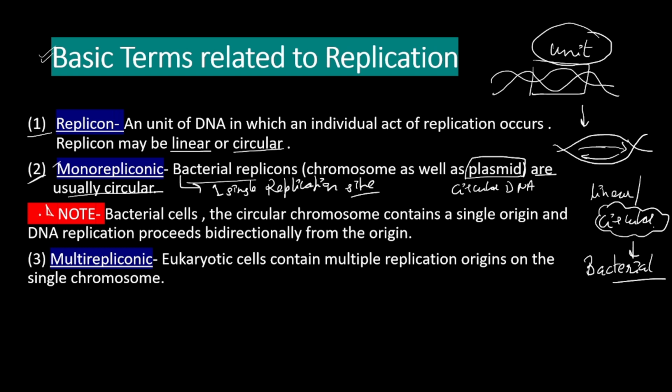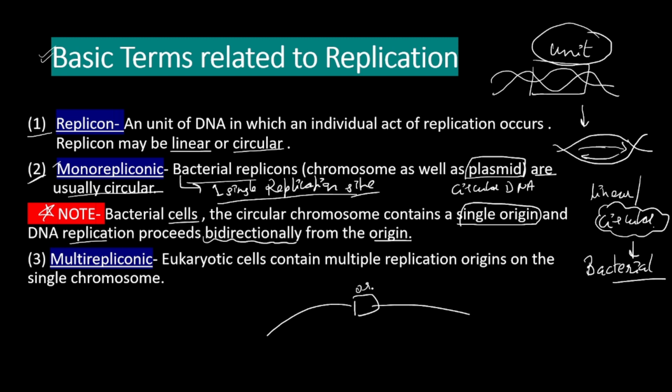Now the thing to note is that in bacterial cells, the circular chromosome contains a single origin. As I mentioned, it consists of a single replication site, and DNA replication proceeds bidirectionally from the origin. This is the meaning of bidirectional from the origin.